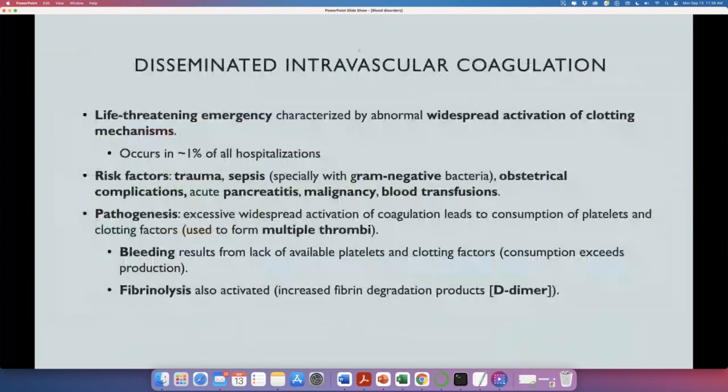Now, what about the disseminated intravascular coagulation? This is a great emergency that you don't want to be facing ever. Okay, there can be, for example, triggers like inflammatory cytokines, pancreatic enzymes, toxins from bacteria, generally gram-negative bacteria.